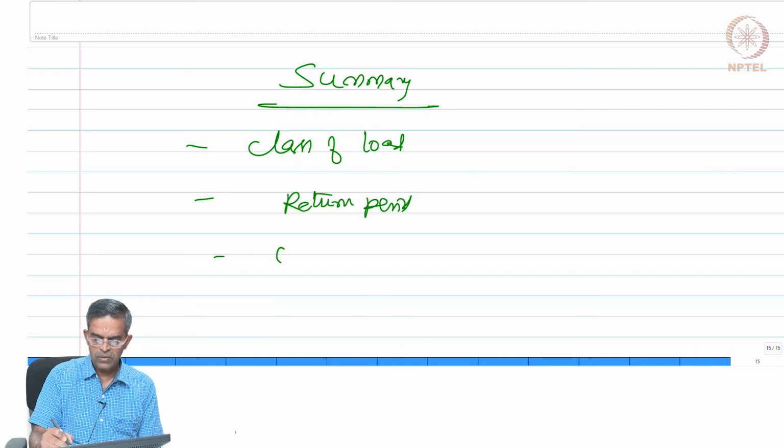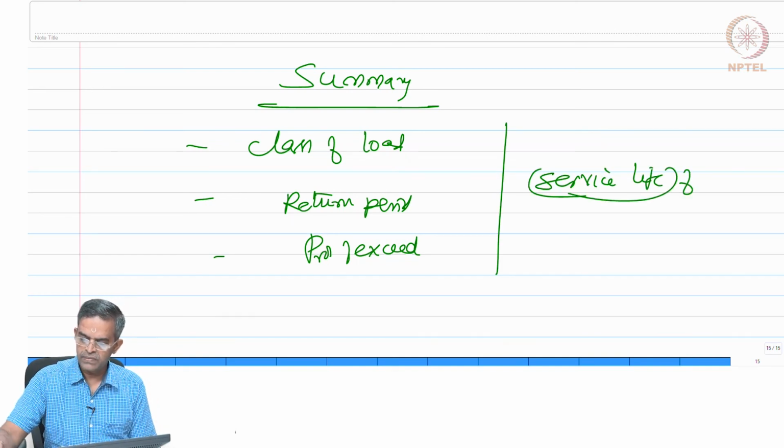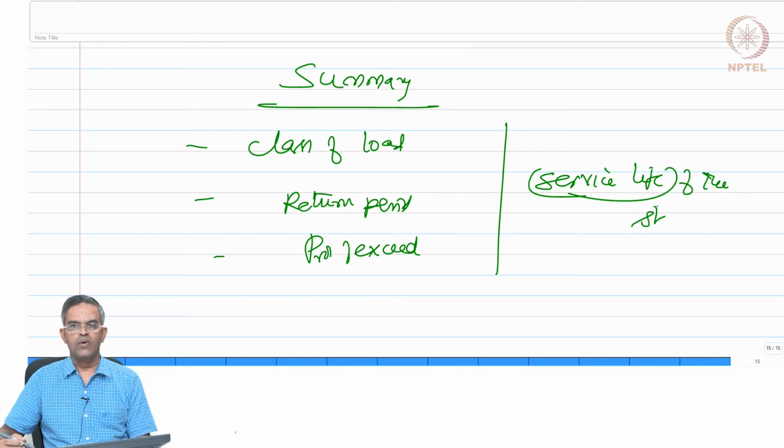We have discussed the probability of exceedance of the return period, and we have seen how the return period is connected to the service life of the structure. So, please revise these concepts and take many examples from the textbook, read research papers from various journals in this connection, and update your knowledge and know-how on these fronts.